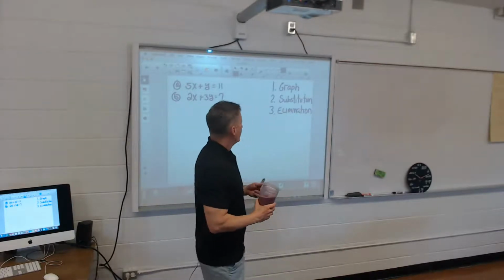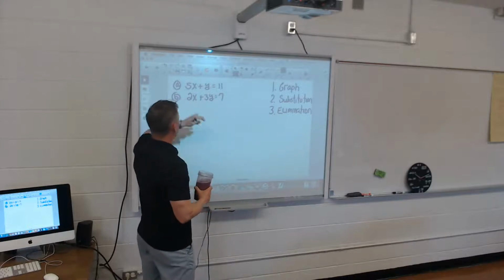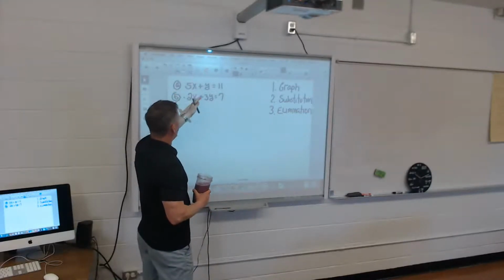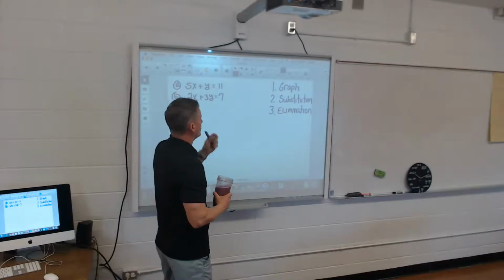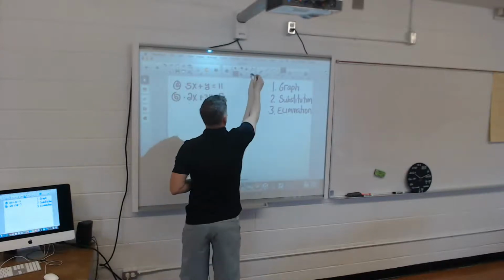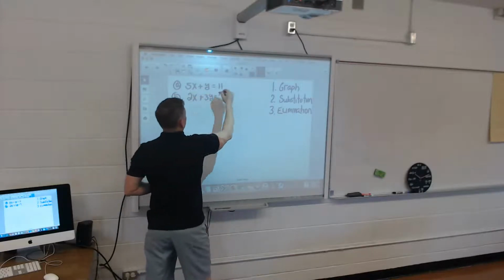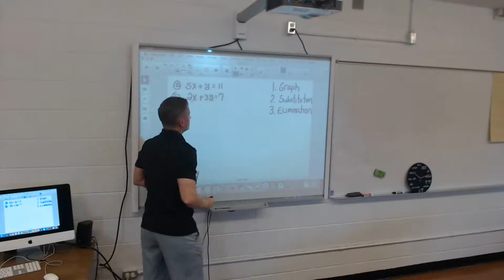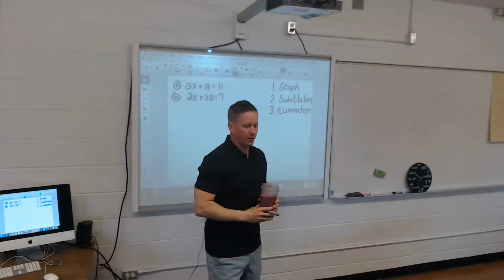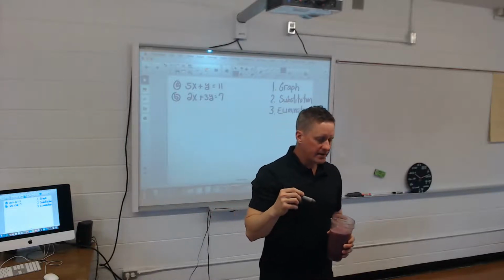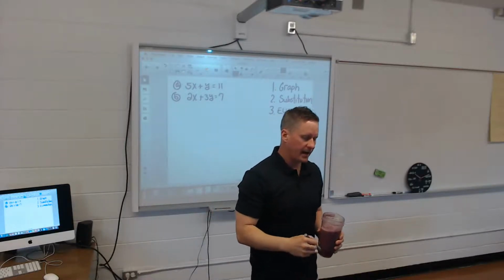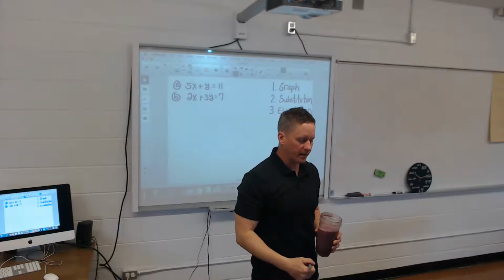All right, in the elimination method, the values are the same in A and B, so it'd be a 2x and a 2x. That would be one way to do it. Okay, in the substitution method that we're going to do, we want to find the one variable that has a coefficient of 1 in front of it.